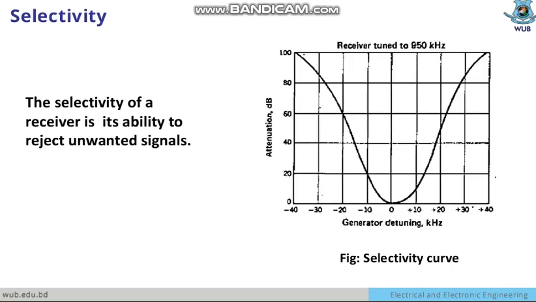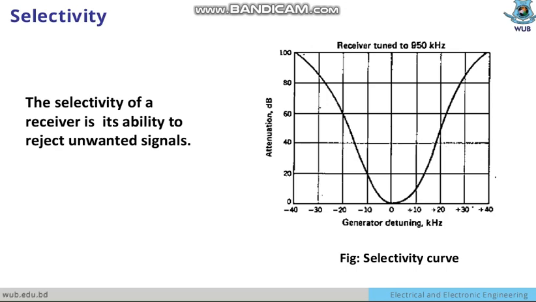Now the selectivity, the most important part. The selectivity of a receiver is its ability to reject unwanted signals. That can be shown here: the generator detuning in kilohertz and the receiver tuned to 950 kilohertz. At the point of 950 kilohertz, the attenuation should be low.